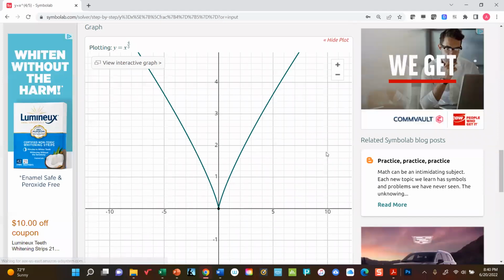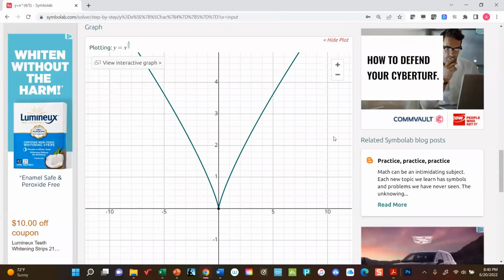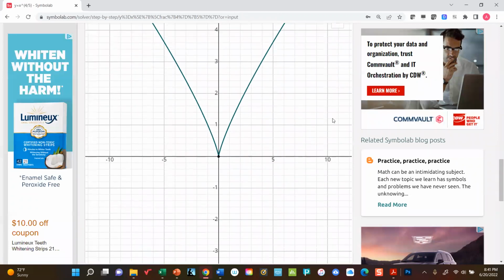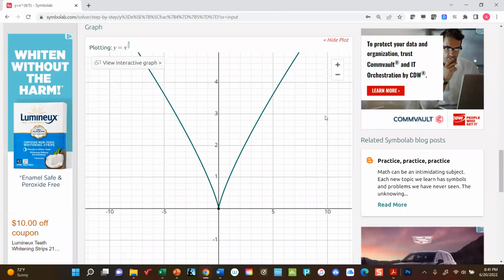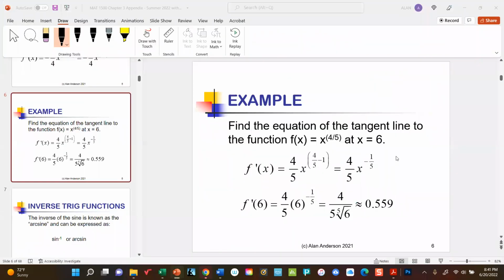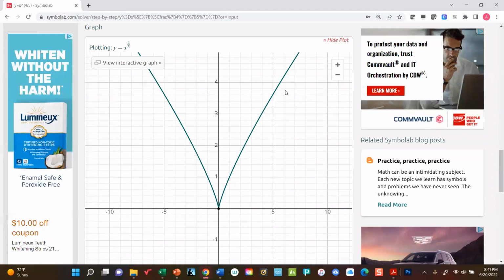Well, now that's interesting. I wasn't expecting that, that's for sure. It is just like the absolute value, except that it's not two straight lines, is it? No. Very interesting. But anyway, we're looking for the tangent line where x equals 6. That would be right about here, let's say.